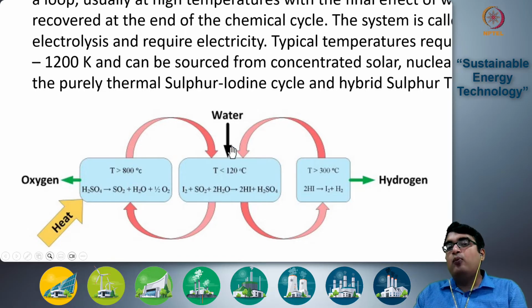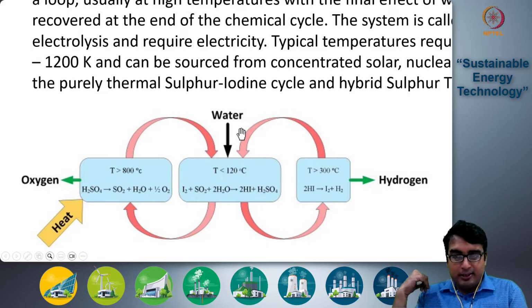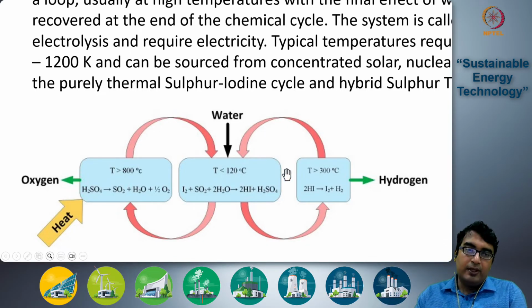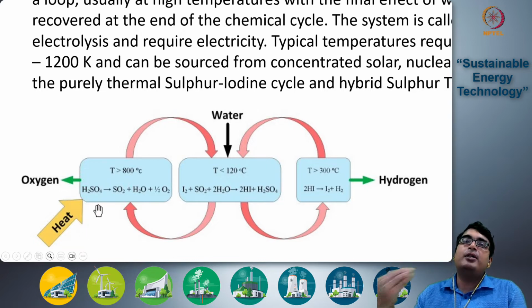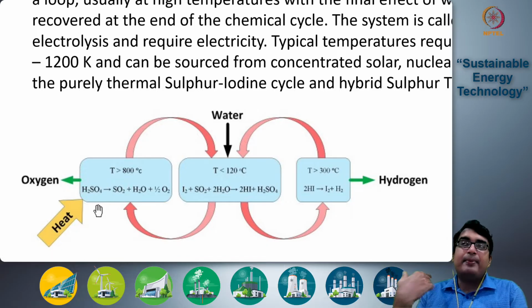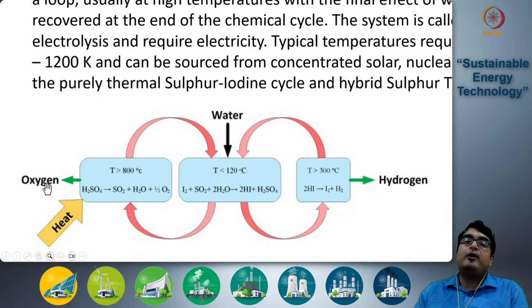So 1 mole of water is being consumed, so you have to add water from the external system, obviously, because you are generating hydrogen. This is the region where you need to generate a lot of heat, so you add heat from a high temperature source. The temperatures are above 800 degrees centigrade here to break down sulfuric acid, which is significant, and the oxygen is recovered here.